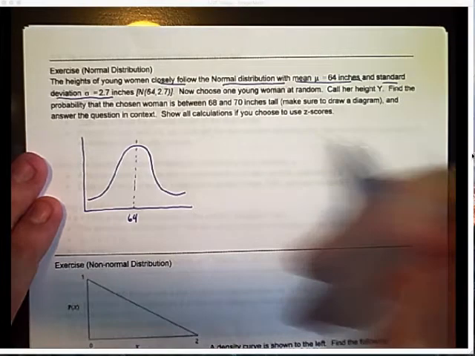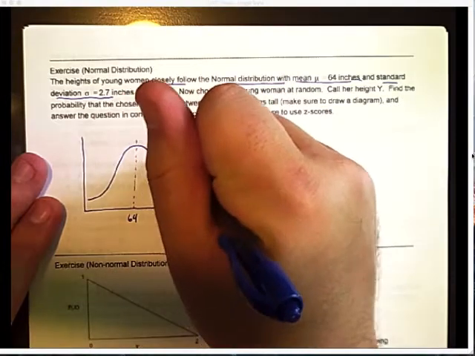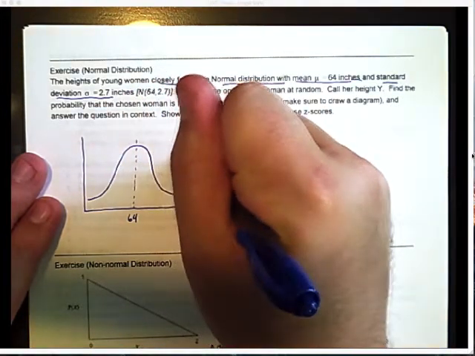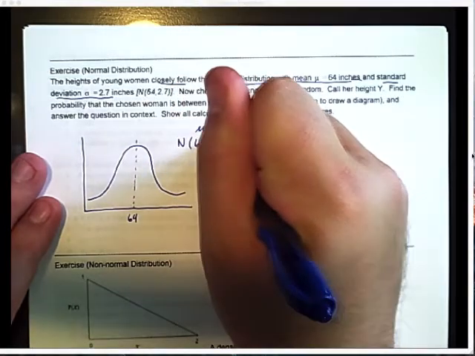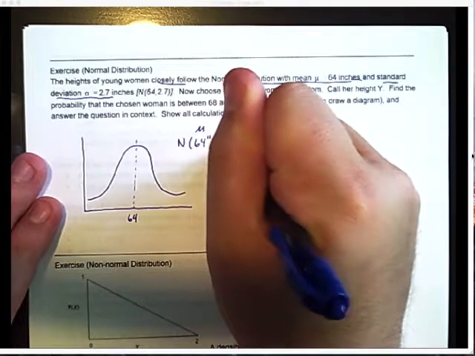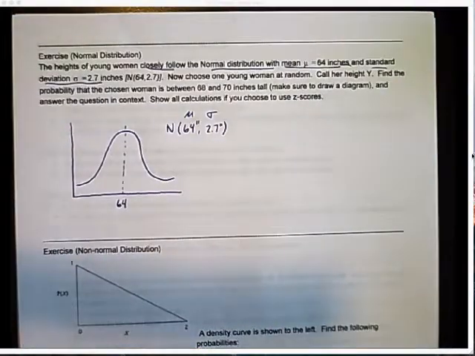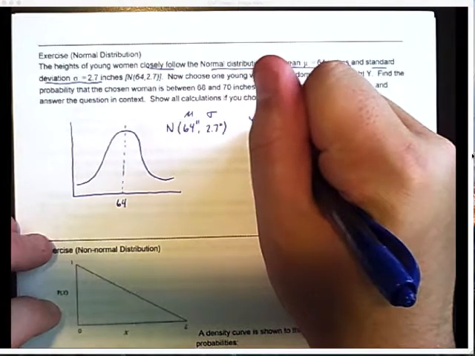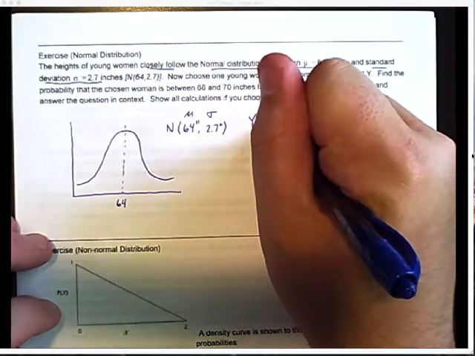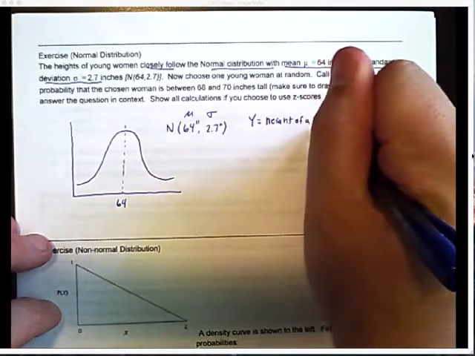All right, and it says standard deviation of 2.7. All right, so I'm going to say this is a normal distribution with a mean of 64 inches and a standard deviation of 2.7 inches. So I'm going to tell the reader that when I make my normal curve. Now choose one young woman at random. Call her height y. So y equals height of a single woman.